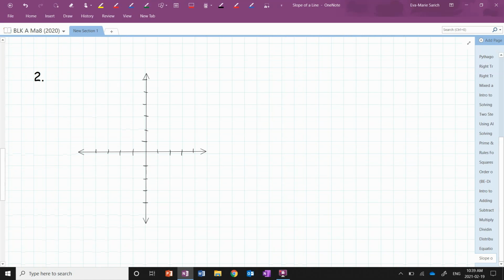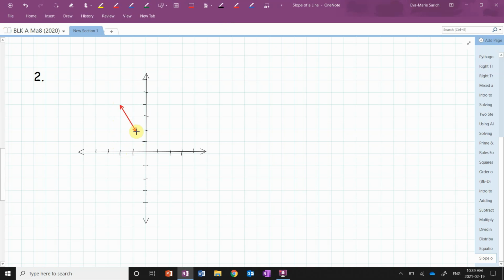Try a second example. And again, draw another grid. You can draw it next to the last one. And in doing this, we're going to draw again a line. So I'm going to start left 2, and I'm going to go up 4. 1, 2, 3, 4. And I'm going to start my line there.